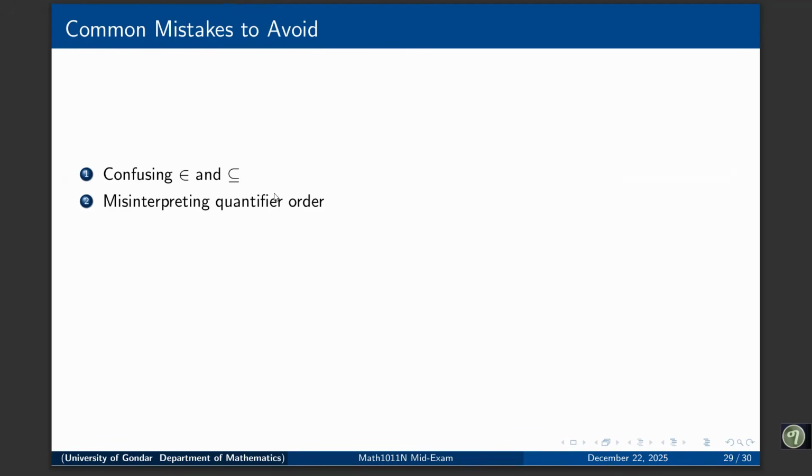Then misinterpreting quantifier order. We have two quantifiers, existential and universal, so their order is very important for the truth value of a quantified proposition, so we have to avoid misinterpreting it. Forgetting the empty set in power set counts. You know that the power set of a given set is the set containing all the possible subsets of the given set.